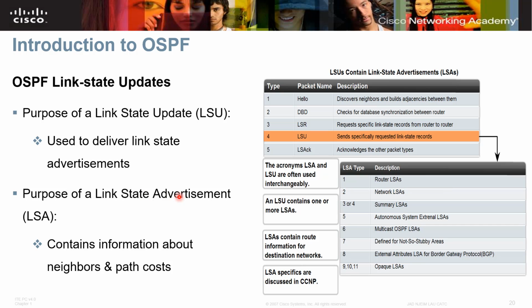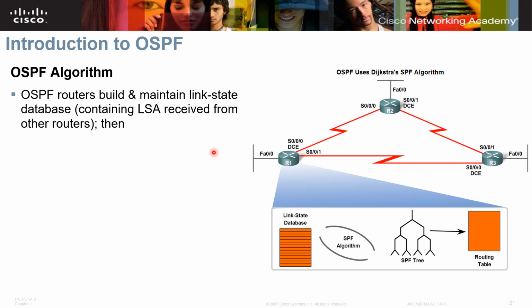Each piece of information, or each advertisement, we name a link state advertisement, and we can combine multiple link state advertisements into one link state update packet. The main purpose is to exchange link state information between different routers. But this is for the link state updates packet.